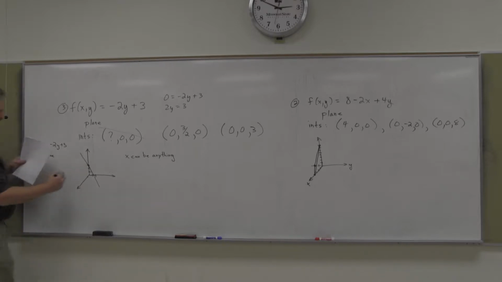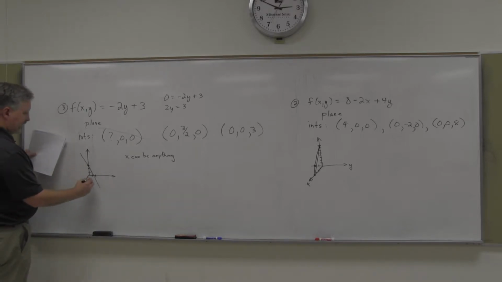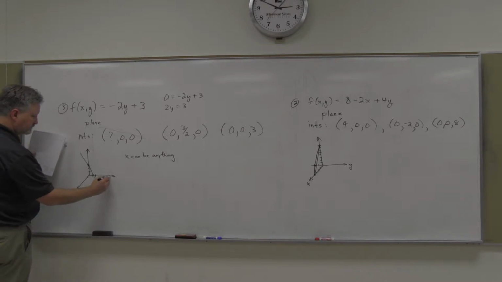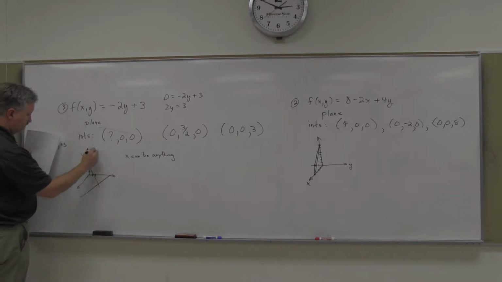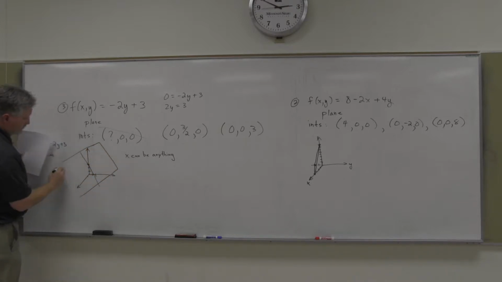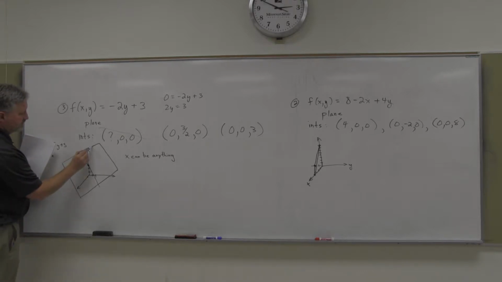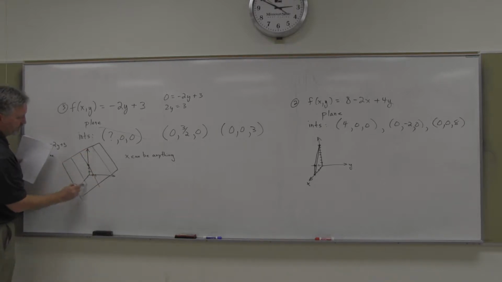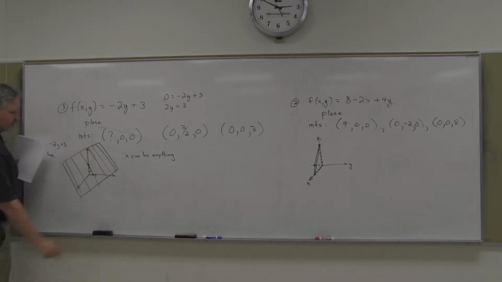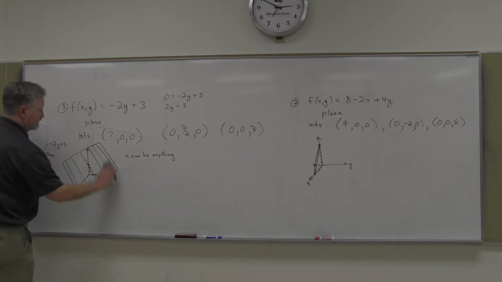So here's kind of what it works out to be. It's a plane where you get all these z equals negative 2y plus 3 lines, kind of angled at that same angle there. I probably should have moved it a little better.